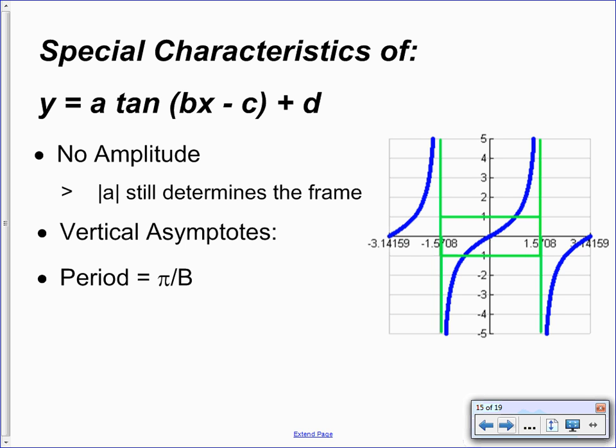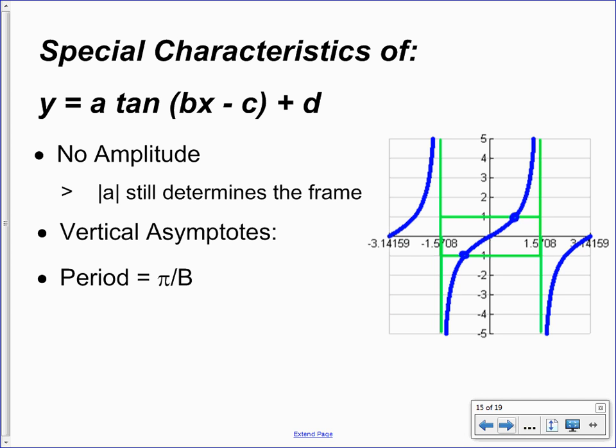The tangent graph does not oscillate, so it does not have amplitude, but A is still going to help us determine the frame. Okay, if you look at my tangent graph right here, I have a frame drawn, and notice these 2 points that I said were critical lie on the frame.